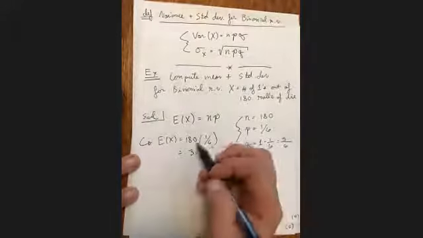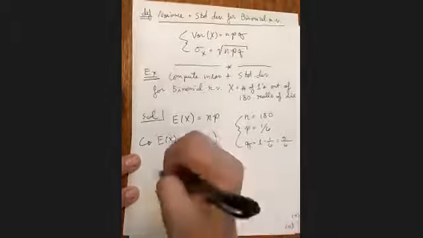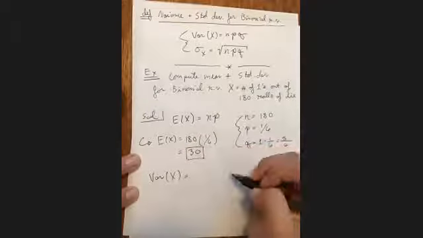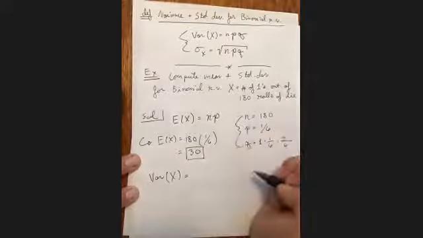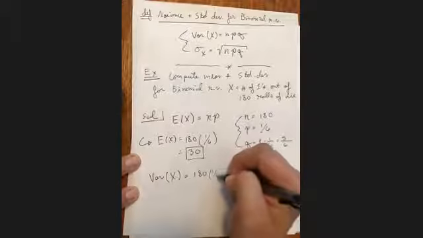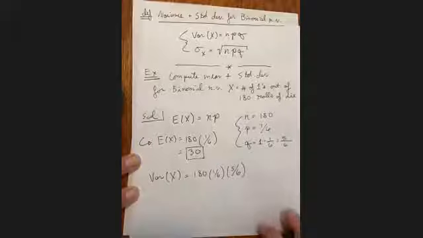Okay, so that is our mean. The variance, we see above, is n times p times q. So that's 180 times 1/6 times 5/6.